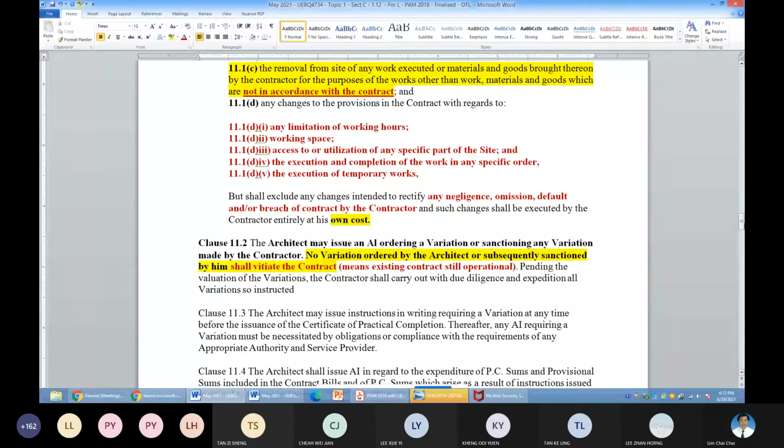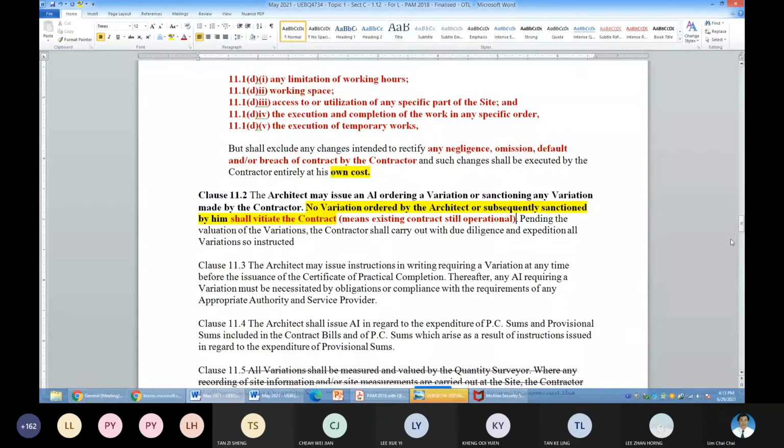Now, 11.3. At any time before CPC, generally the architect under clause 11.3 can issue a VO at any time before the issue of CPC.